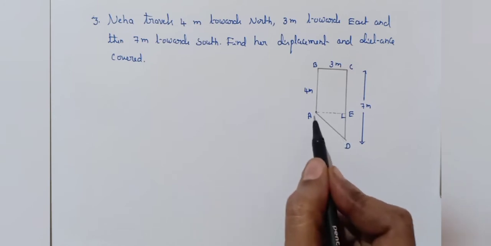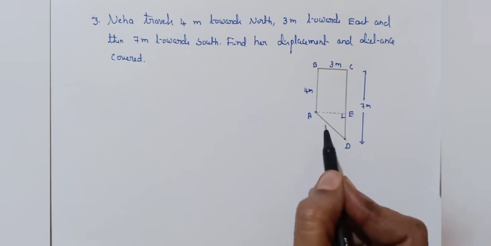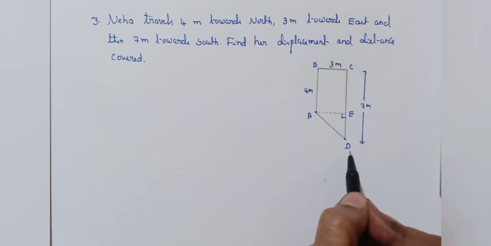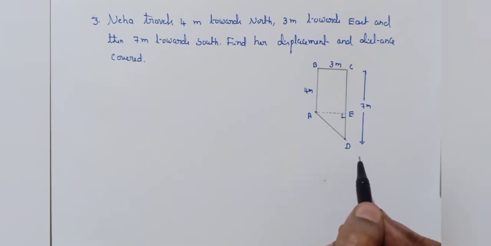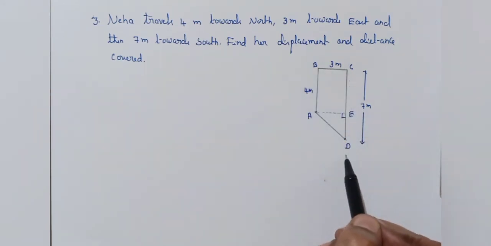So A is her initial position and D is her final position. Join AD. AD is the distance between initial and the final position. So that is the displacement. AD is the displacement. And AB, BC plus CD is the distance covered by Neha.